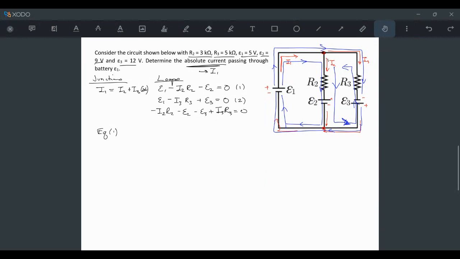From equation 2, we can pretty straightforwardly see that I2 is just equal to epsilon 1 minus epsilon 2 divided by R2. We can do basically the identical process, and we find that I3 is equal to epsilon 1 plus epsilon 3 divided by R3.